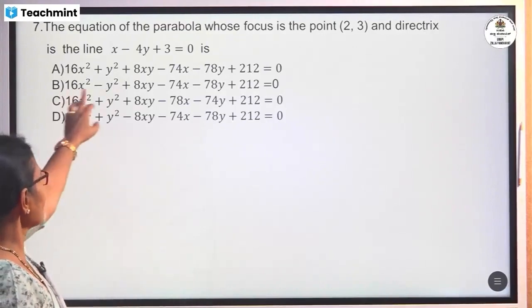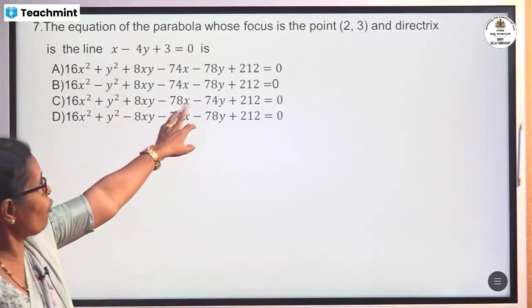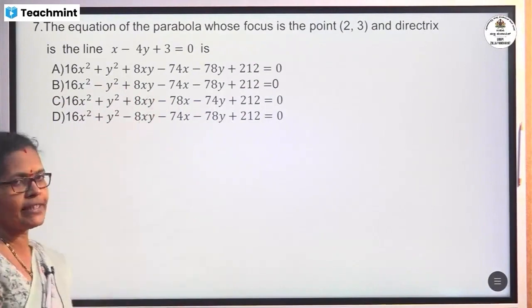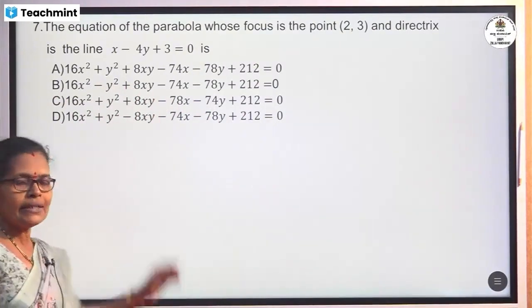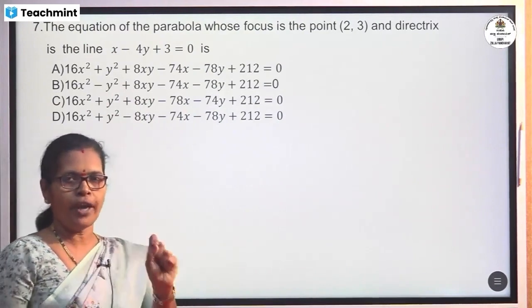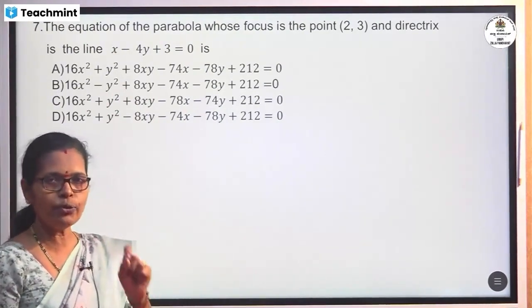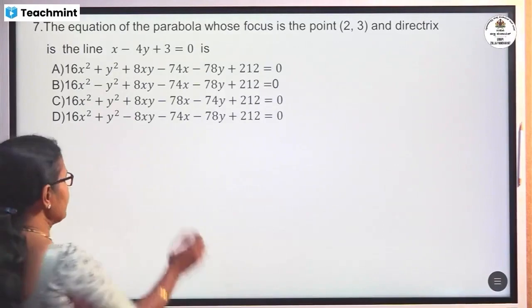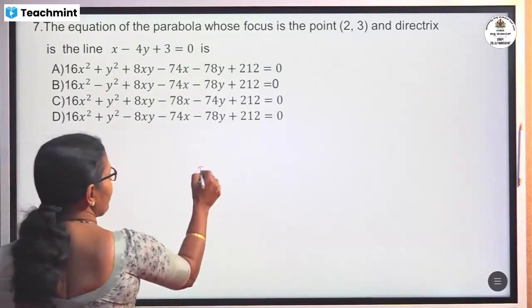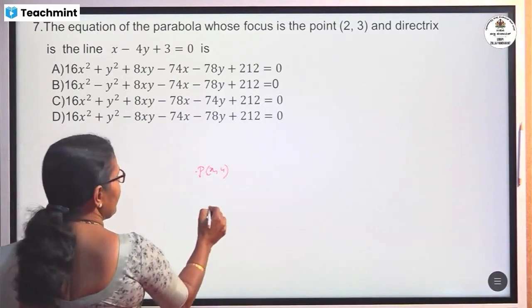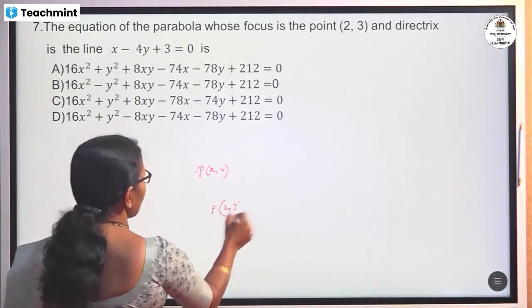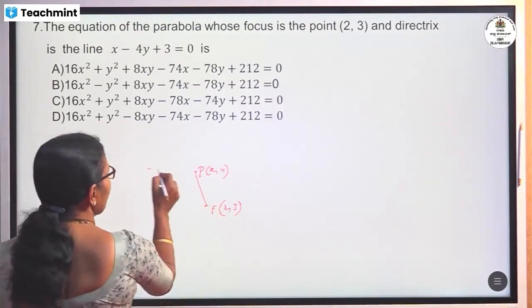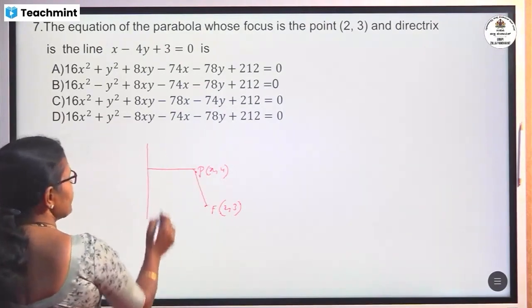We know that the distance from the point to the focus is equal to the distance from the point to the directrix. Therefore, if here is the point P of x, y, then here is the focus, that is 2, 3.